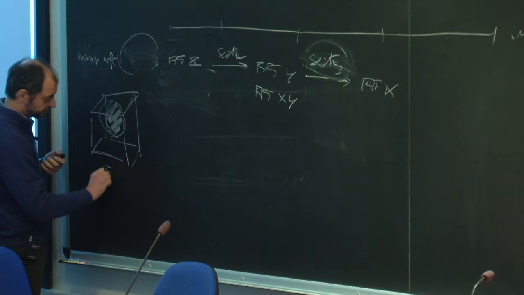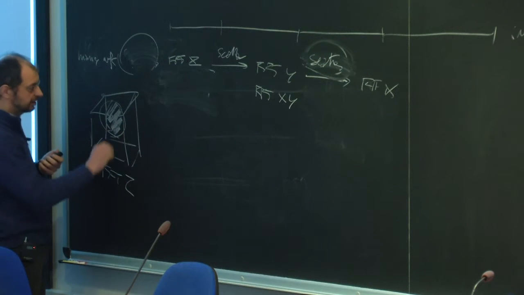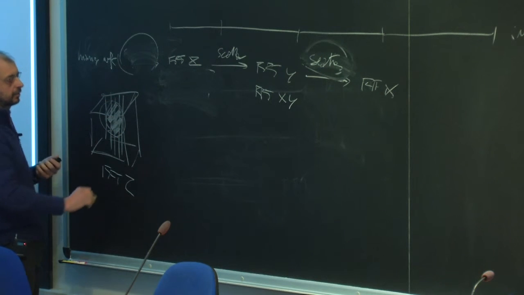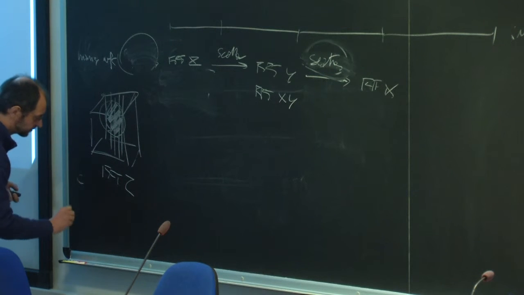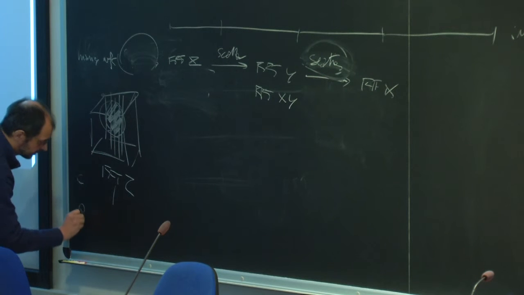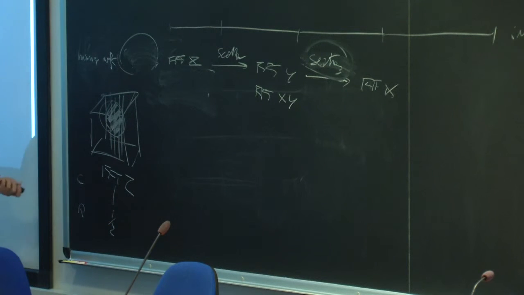So when we do the FFT along Z, we only need to do the one-dimensional FFT along Z for half of the columns. So if the complex case costs 1, the real case would cost 1/2.